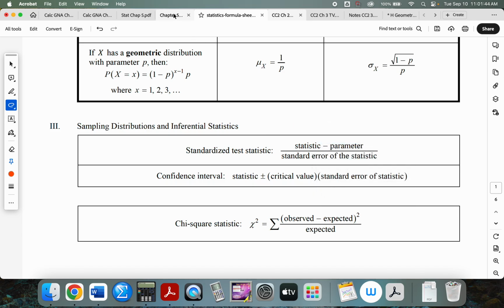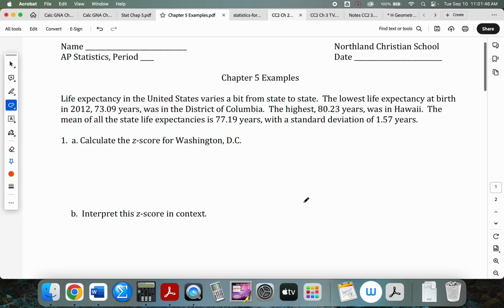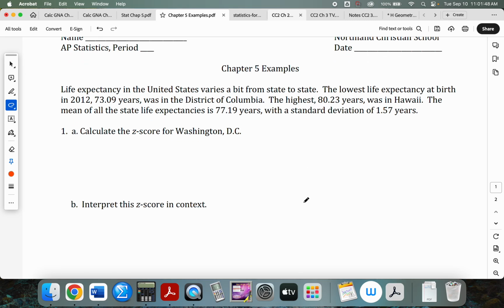All right, so let's look at some examples. And I'm going to write some stuff down because there's a lot of questions about this. So life expectancy in the United States varies some from state to state.